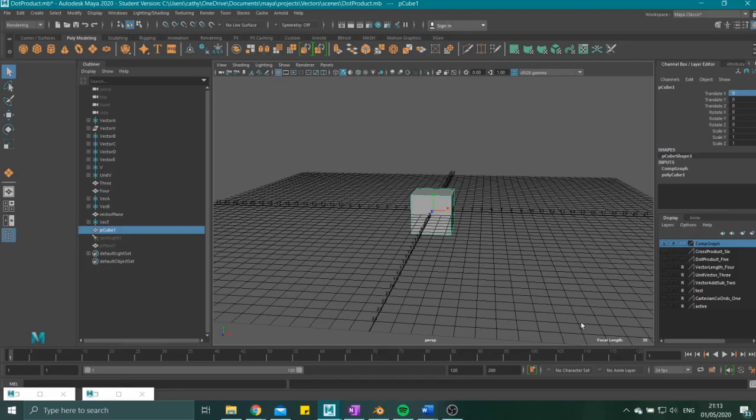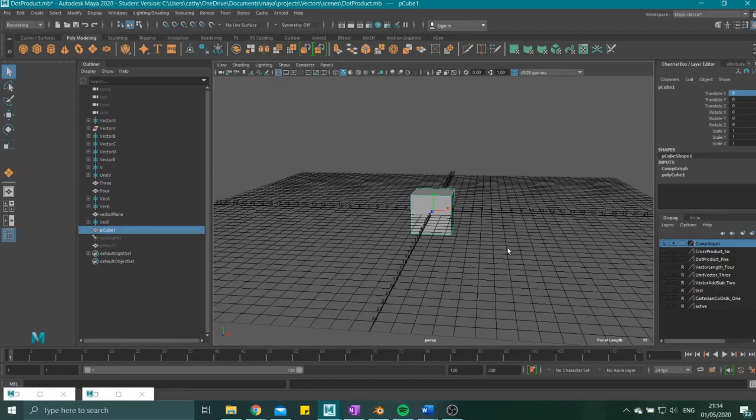Now that we have a better understanding of vectors and how we can use them, we can discuss their importance in computer graphics. Especially if we consider things like animation, there's always going to be a lot of movement.